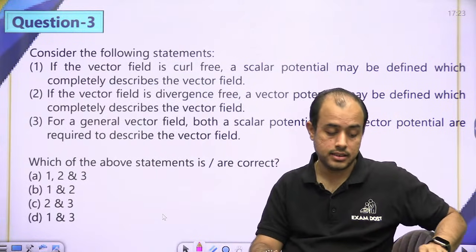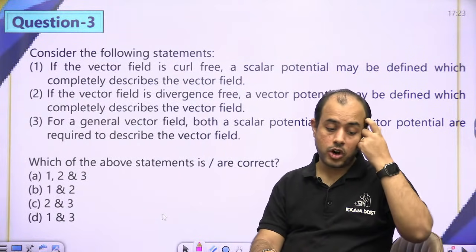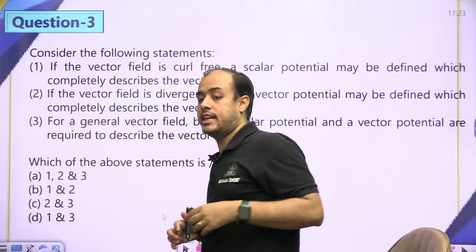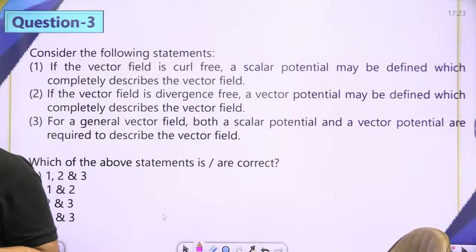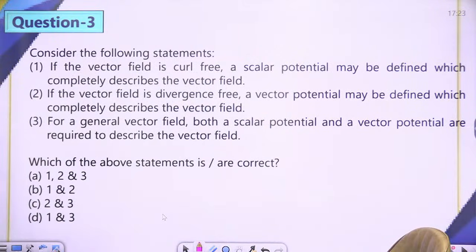Very good, Ronak. Consider the following statements, beta. Which statements are correct? Come on, everybody. If a vector field is curl free, a scalar potential may be defined which completely describes the vector field. अगर कर्ल जीरो है तो स्केलार फील्ड डिफाइन कर सकते हैं क्या? बोलिए, can we define a scalar field if the curl is zero?